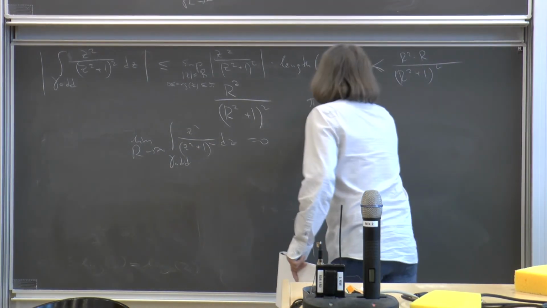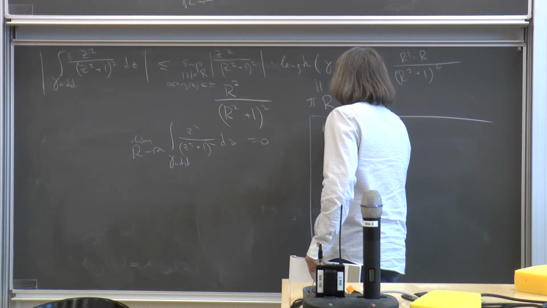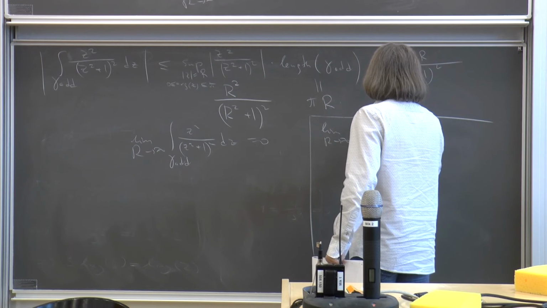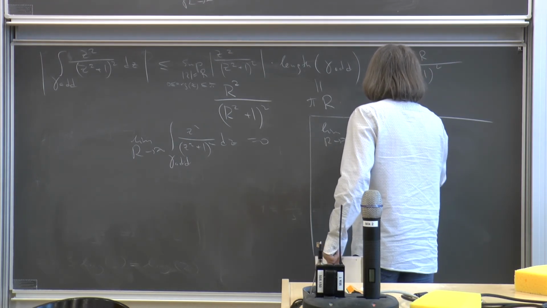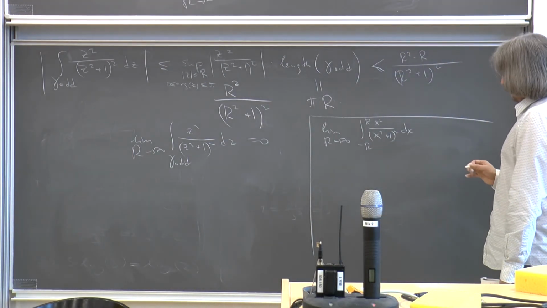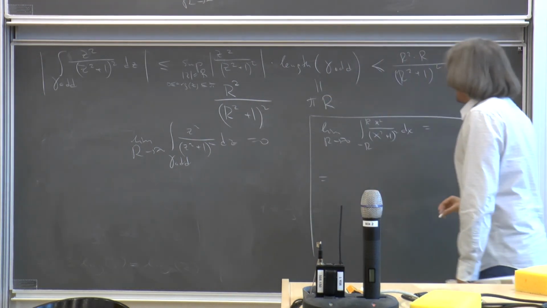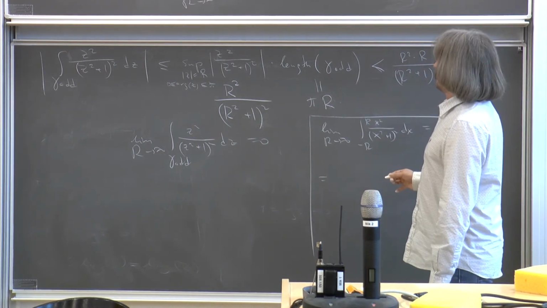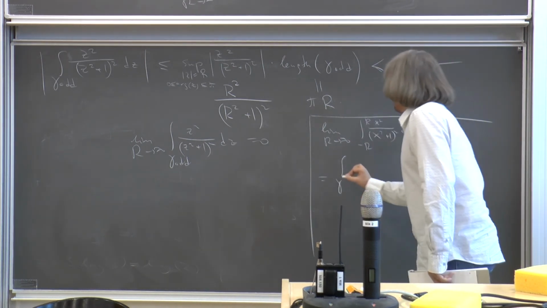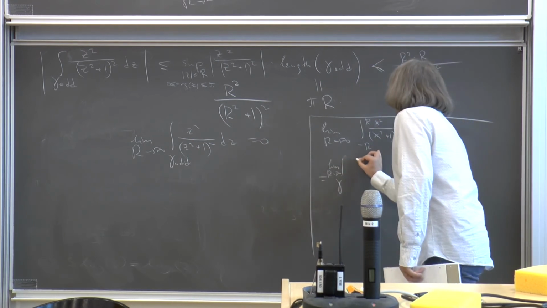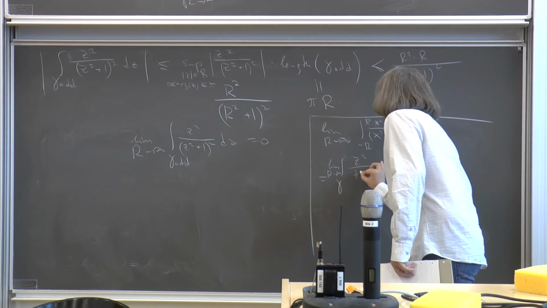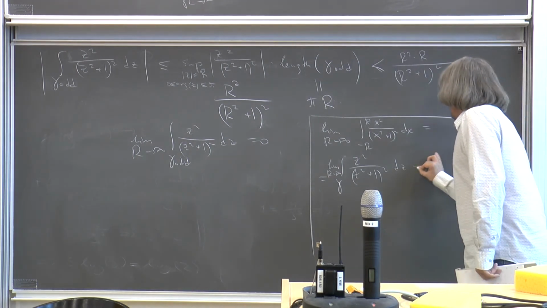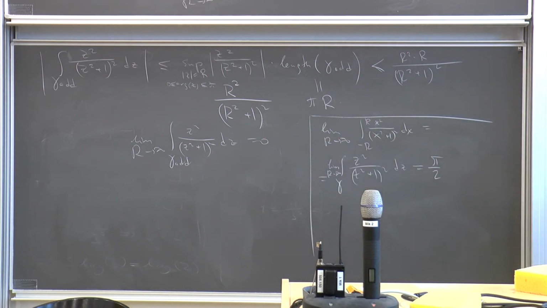This means that the limit for r going to infinity of the integral from minus r to r of x squared over x squared plus 1 squared dx equals, in fact, bless you, the integral over gamma, so the limit as r goes to infinity of z squared over z squared plus 1 squared dz, and this is the residue, and this equals pi over 2, and that's the answer.